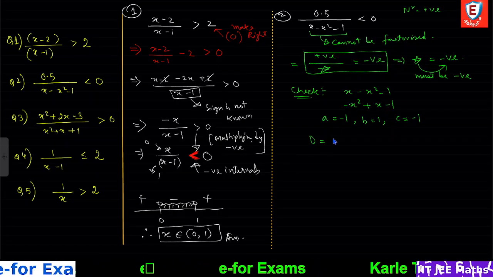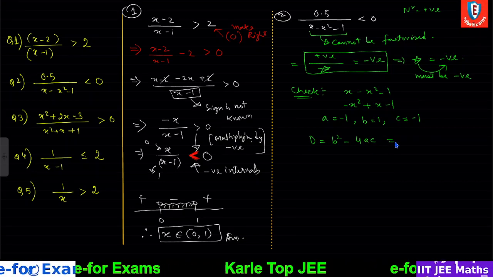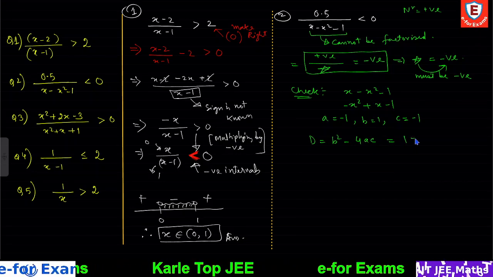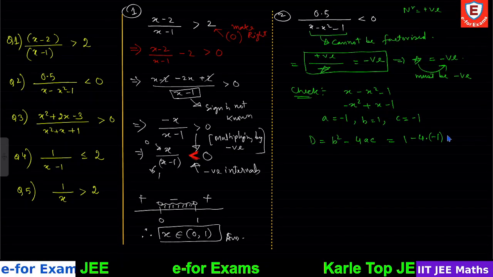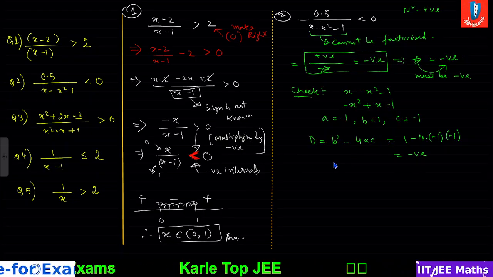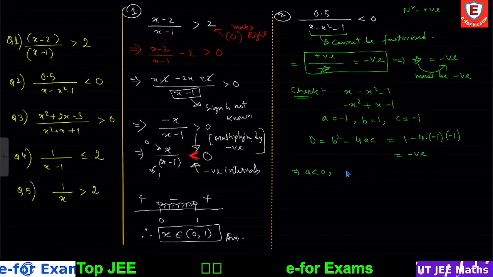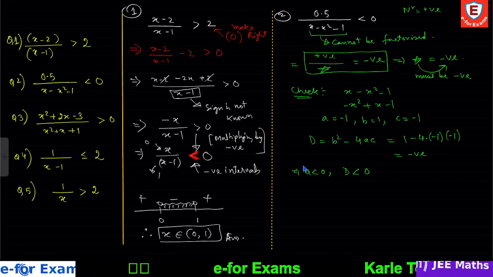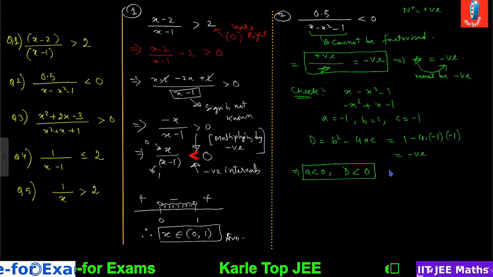Now d equals b square minus 4ac. b square means 1, minus 4 into a which is minus 1, c is again minus 1. It will be negative. This implies a is less than 0 and d is also less than 0.